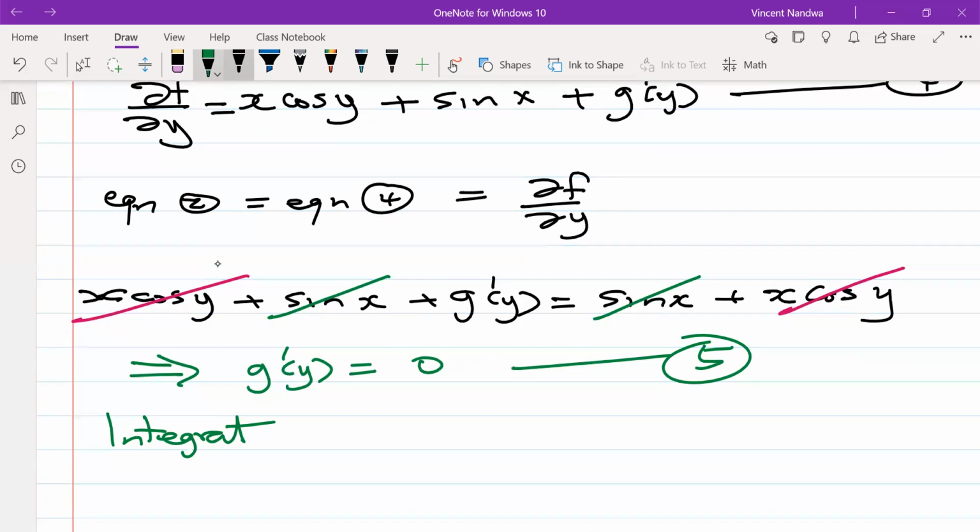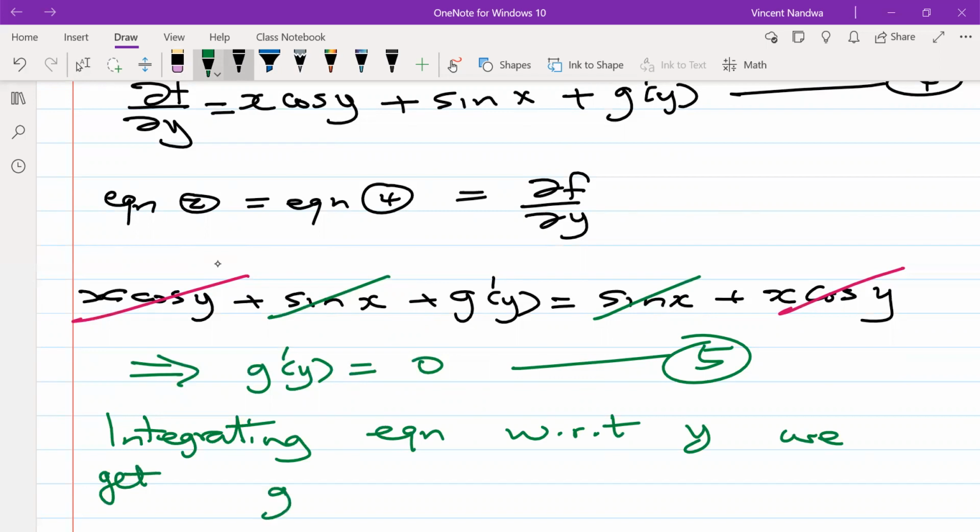Now, integrating with respect to y, we get g of y. When you integrate 0, we just get a constant, say k.